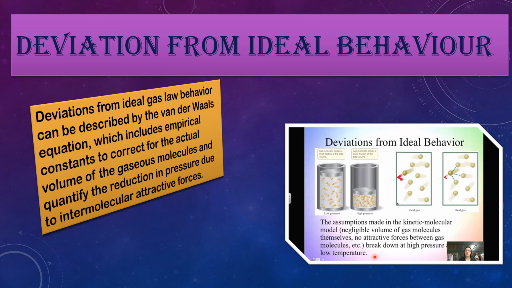But actually the gas molecules have a volume of their own, although they are extremely small. Thus, the effective volume available to the molecules of real gases for free movement is partly less than the volume of the container.